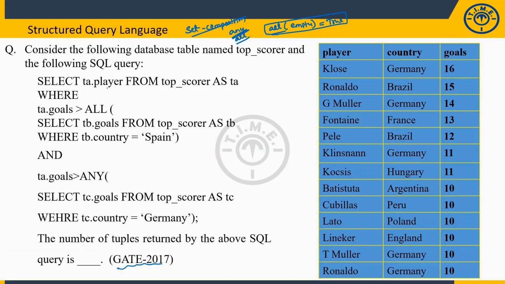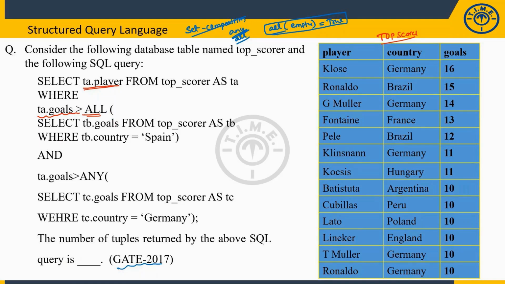So here it is finding ta.player from top scorer as ta, meaning this is a top scorer table, where ta.goals greater than ALL of the inner query. What is the first inner query selecting?